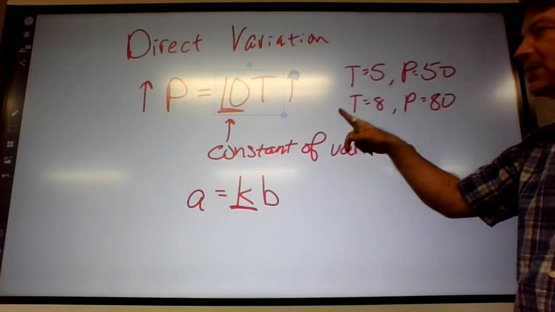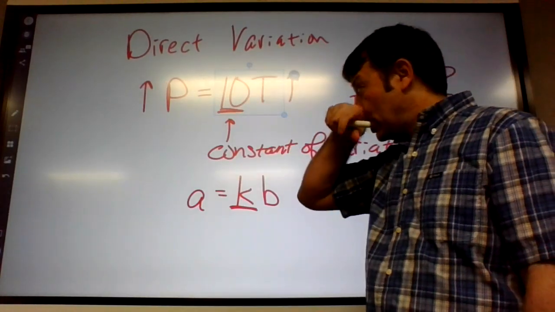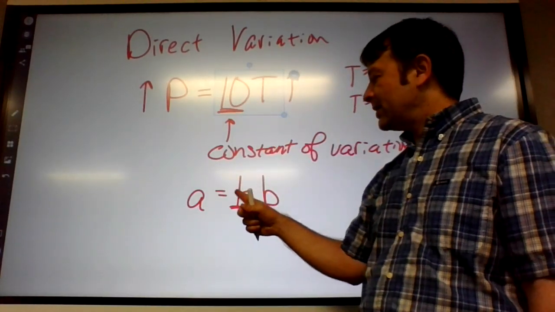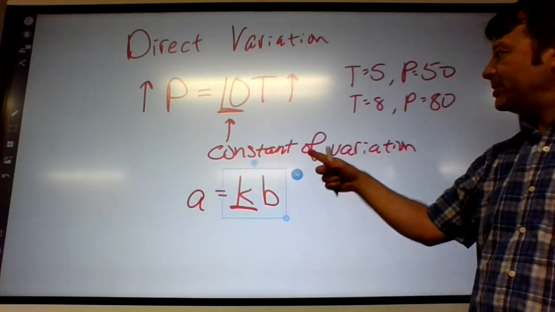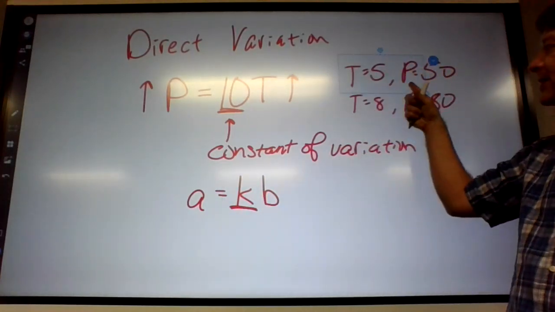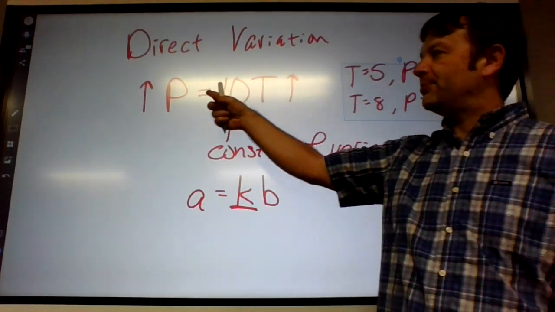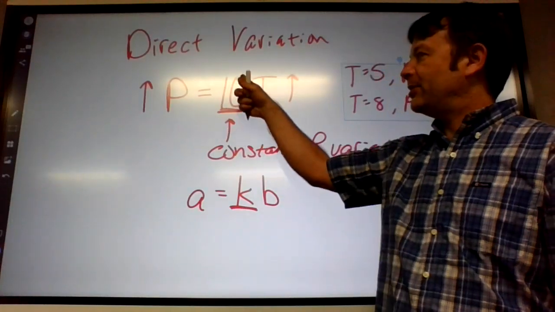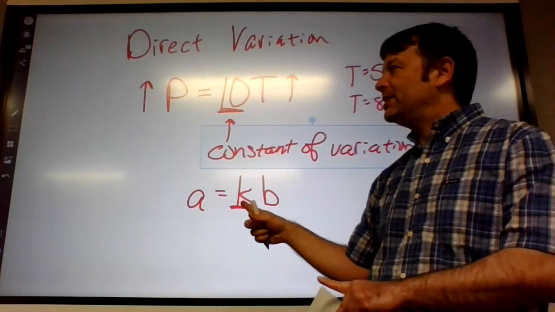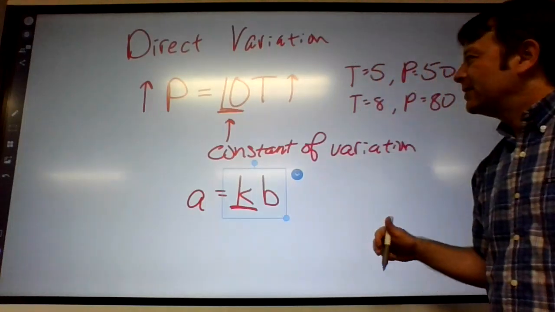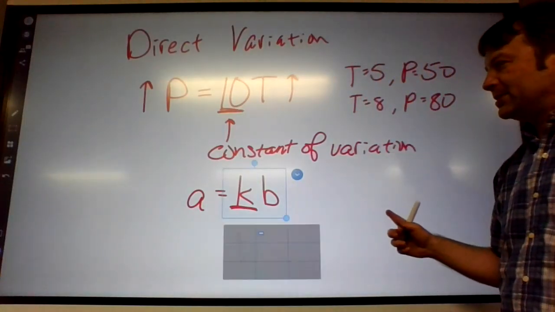Okay, so that's what it looks like. This is the general form. A and B are going to stay A and B because there's a lot of things that they could be. P and T could be a lot of things. But this number in front of T, the constant of variation, there's only one thing it can be, so we're going to be figuring that out, basically.